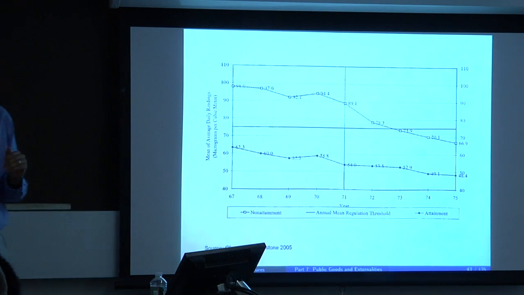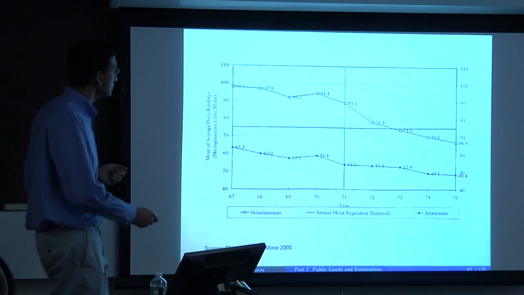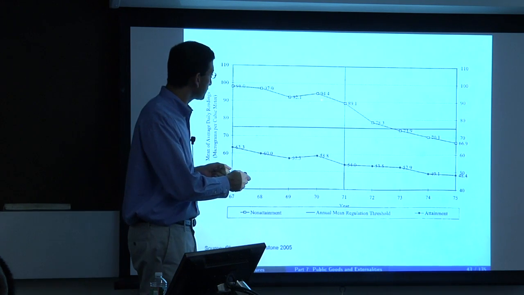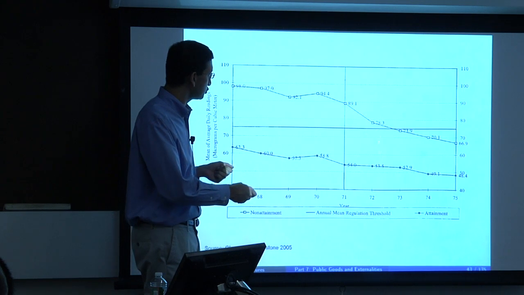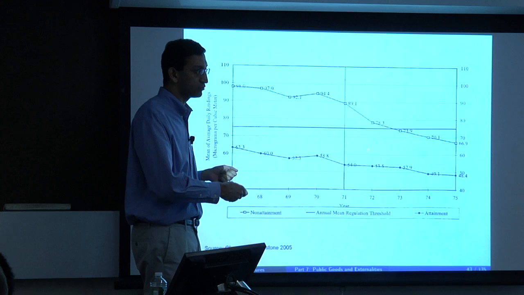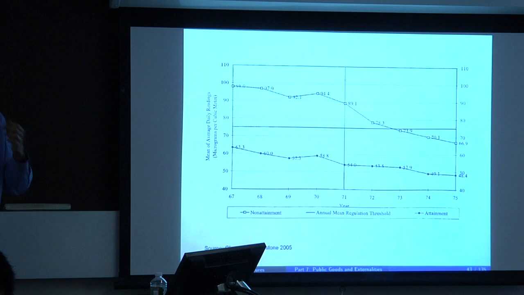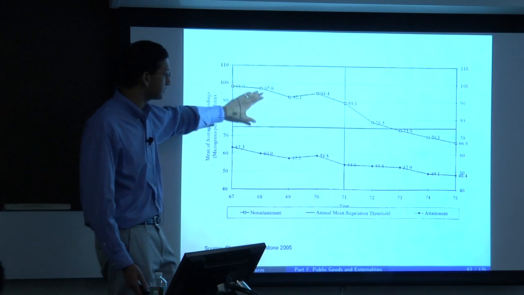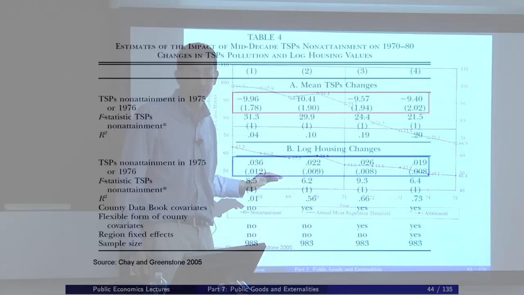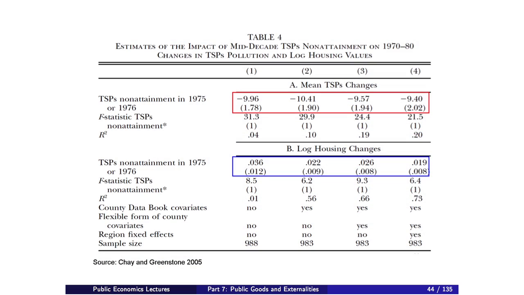The attainment counties were already below that threshold, so they didn't have to do anything, or at least they weren't forced to. So as you would expect, the gap between these two types of counties closes rapidly after the law is implemented. And so now you have basically a diff and diff setup, right? You can compare house prices in these places relative to these places and see how they evolve. And so that's what they do here.